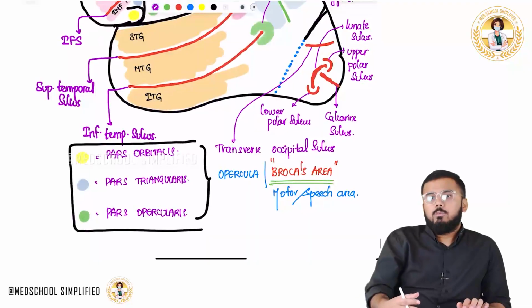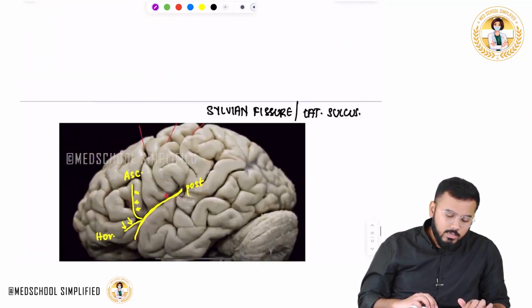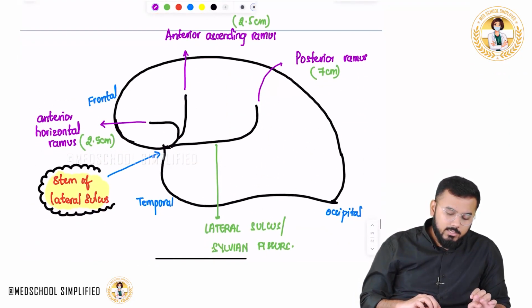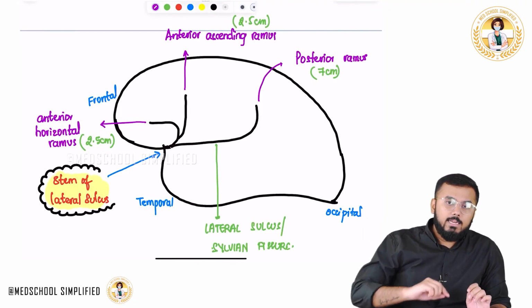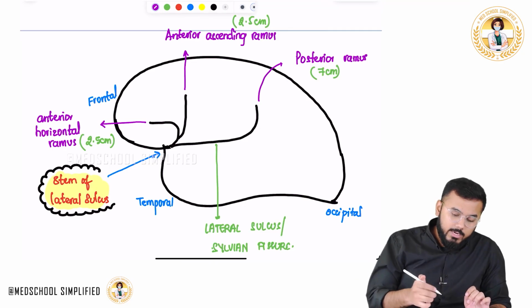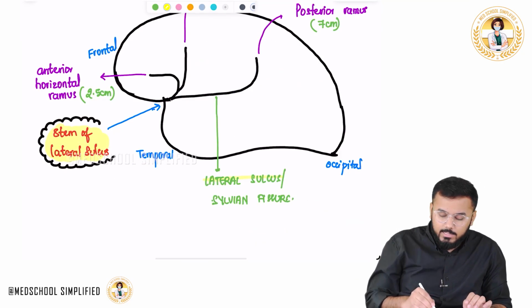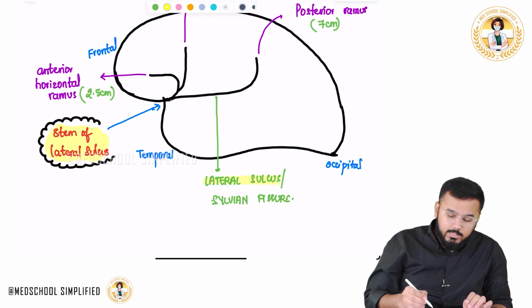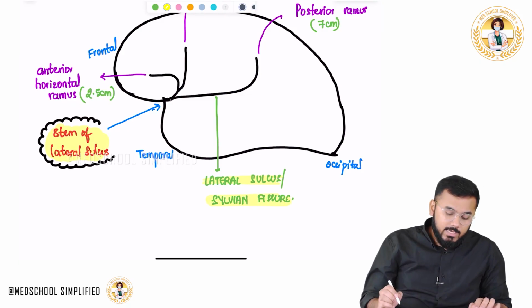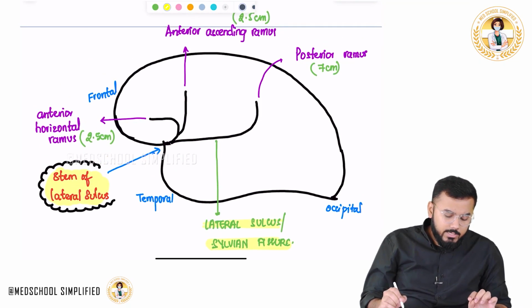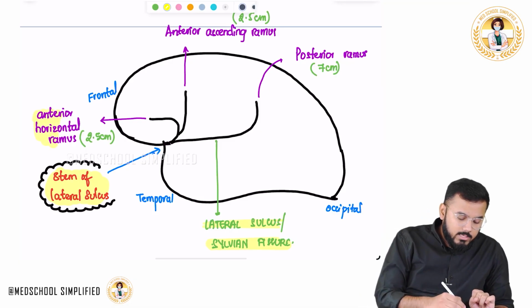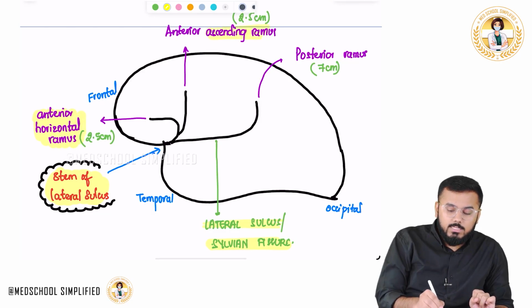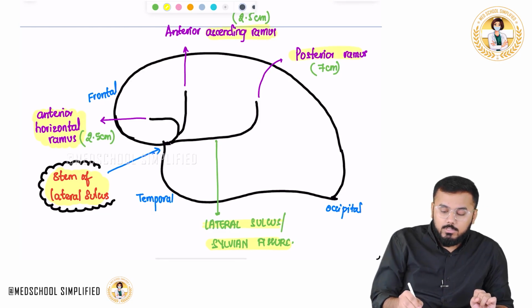So what are the important things we have discussed so far? We started with the lateral sulcus, or Sylvian fissure. The stem of the lateral sulcus is divided into three: the horizontal ramus, the ascending ramus, and the posterior ramus.